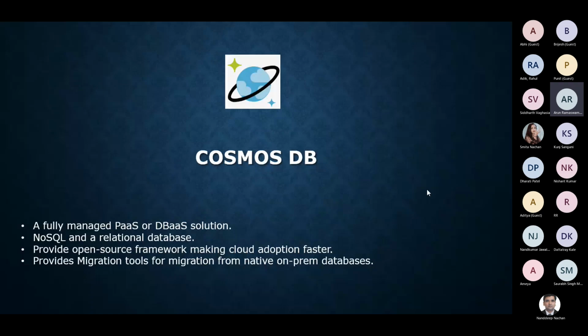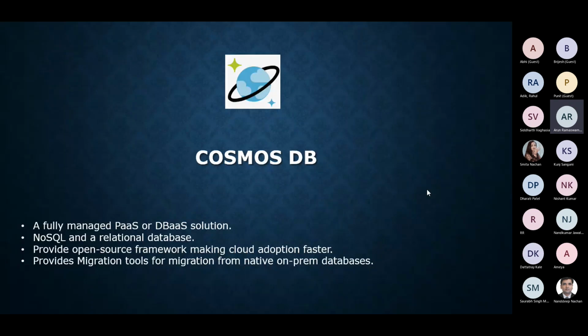Each item stored inside Cosmos DB is referred to as an individual document. Now, this is based on an open source framework, and there is no licensing involved, so you don't have to worry about buying licenses.